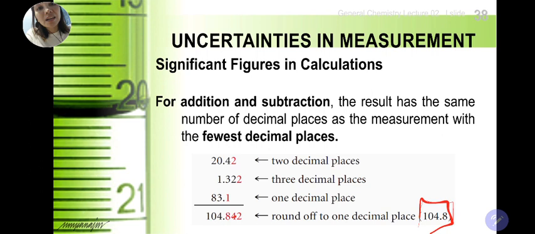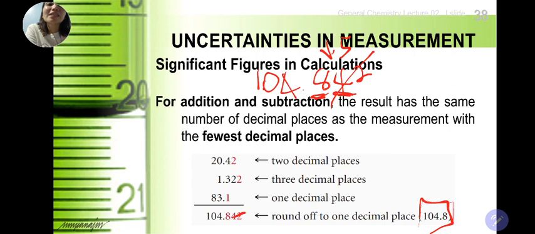Ida-drop off na natin yung dalawang decimal place. Pero sa case na yan, lagi pa rin nating tatandaan yung rules in rounding of numbers. For example, that is 104.842. Since itong number na to is less than 5, hindi natin dadagdagan ng 1 yung 8. So, as is lang siya.